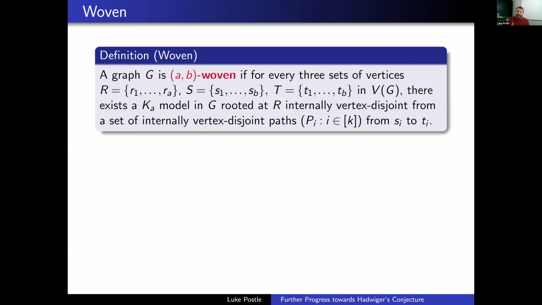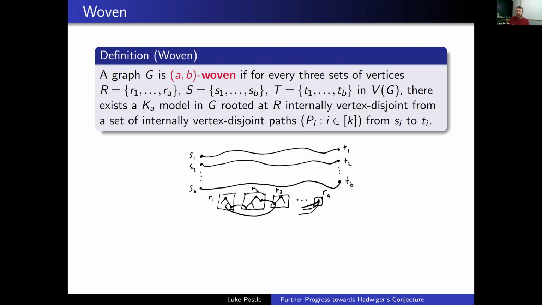And then the second idea, which I decided to name because it's this nice idea of Sergey and Zihan's, but it turns out it's going to be important to our proof, so let's give it a name. I thought there's linked, let's call it woven. A graph G is AB-woven if for every three sets of vertices R, S, and T, and here's a picture, I can find this ST linkage, this set of paths, but I can get them disjoint from a complete model.